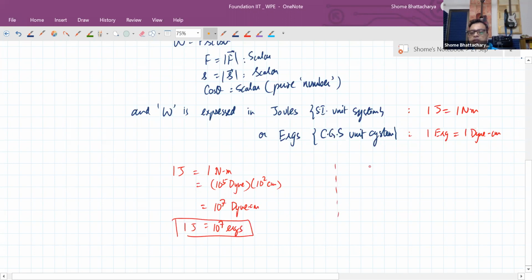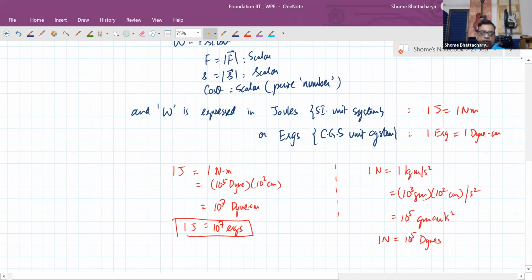Just as you know that 1 Newton is equivalent to 1 kilogram meter per second square. So that is 10 raised power 3 grams into 10 raised power 2 centimeters per second square. So this is how we find the relationship between SI and CGS units.